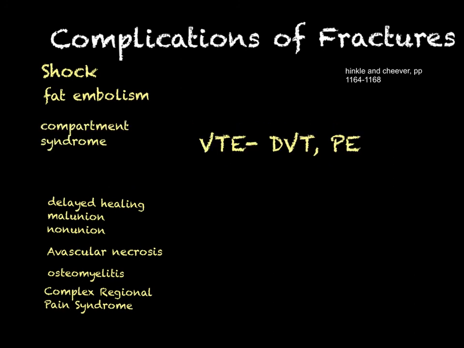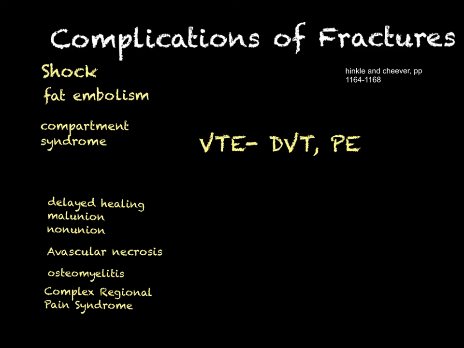So the next complication we're going to discuss is venous thromboembolic events, and that's your DVT, your deep vein thrombosis, and your PE, pulmonary embolus. And these can happen following fractures. Typically, they follow fractures of the lower extremities and the pelvis again, and they're more common in elderly patients.